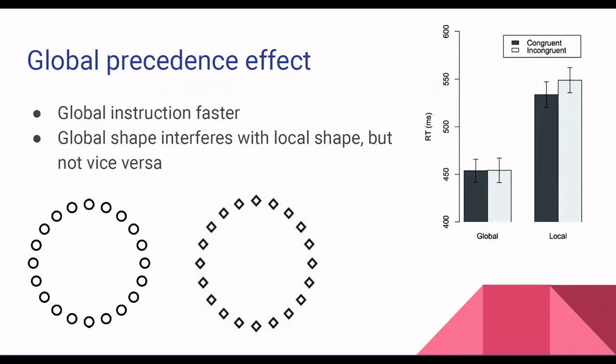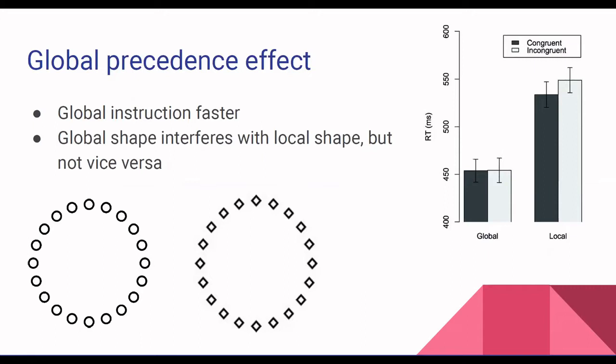Now, in a typical classical Navon task, participants are presented with one Navon shape, and they are asked to identify the shape attending only one of the two levels, global or local. The graph on the right represents the typical reaction time results obtained from the classical Navon task.